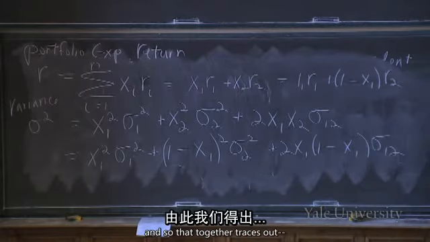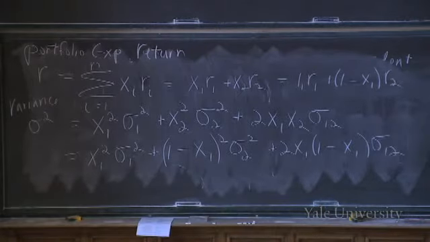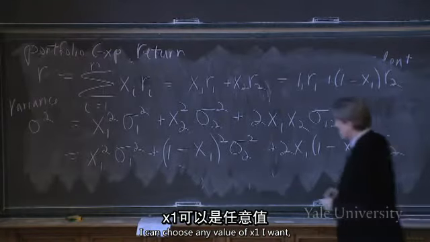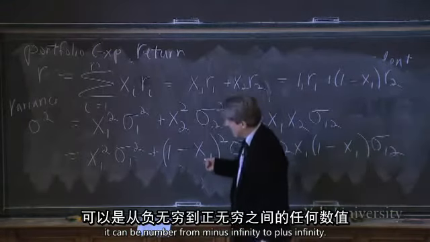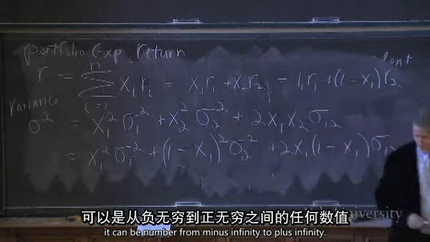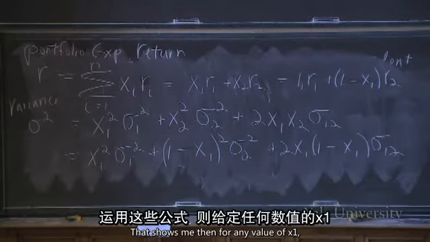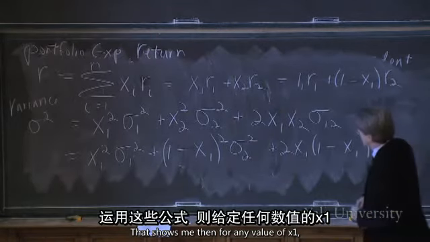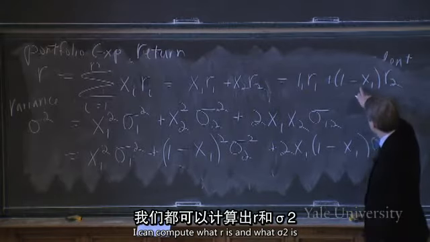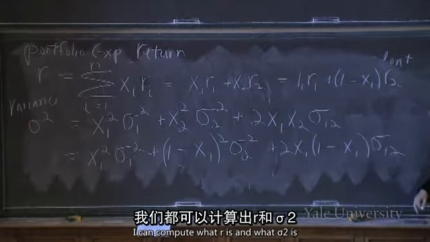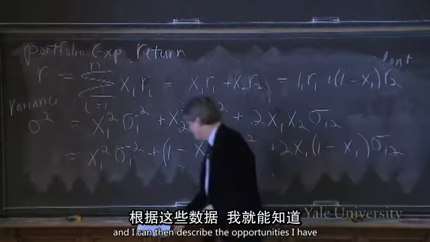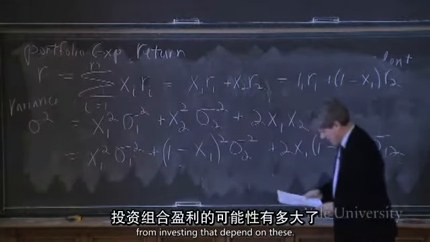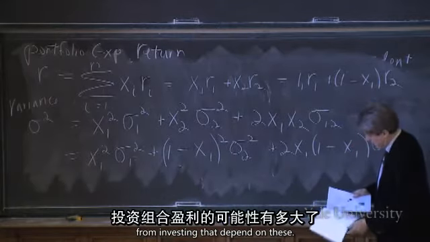And so that together traces out, I can choose any value of x1 I want. It can be any number from minus infinity to plus infinity. And that shows me then for any value of x1, I can compute what r is and what sigma squared is. And I can then describe the opportunities I have from investing that depend on these.